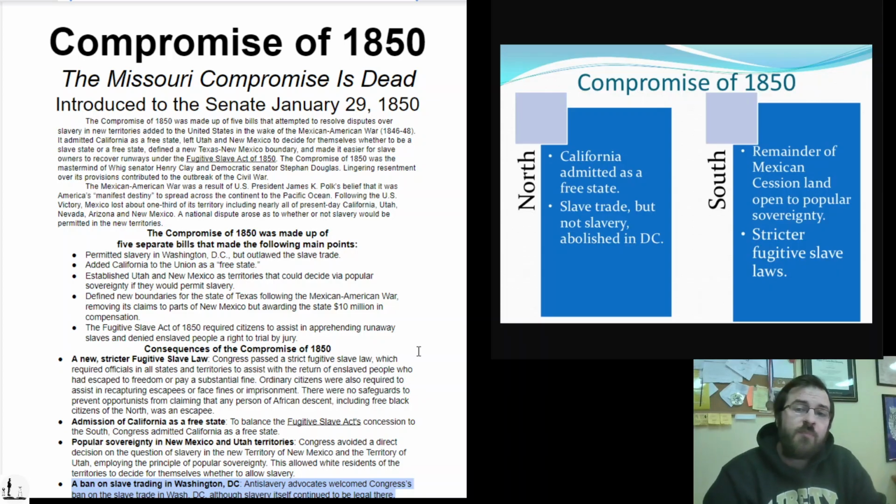The remainder of Mexican cession land, the land that we got from Mexico after the end of the Mexican-American War, all of it, including the stuff north of the Missouri Compromise line, all of that can now be slave land. You just have to get enough people there to vote. And there's also the really big one, stricter fugitive slave laws. Got to give those slaves back to their owners.